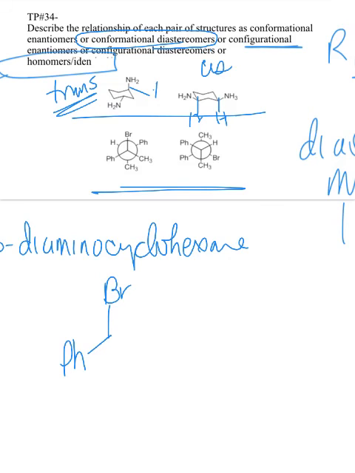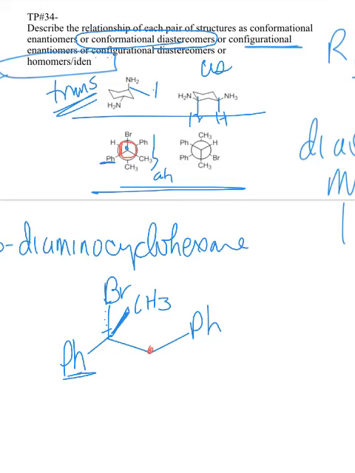You could draw the phenyl there, you could draw the CH3 coming at you, and the bromine going back, and then this would be in the plane. So phenyl's in the plane, this carbon would be in the plane, and then the phenyl would be in the plane. So that's in the plane on that line.